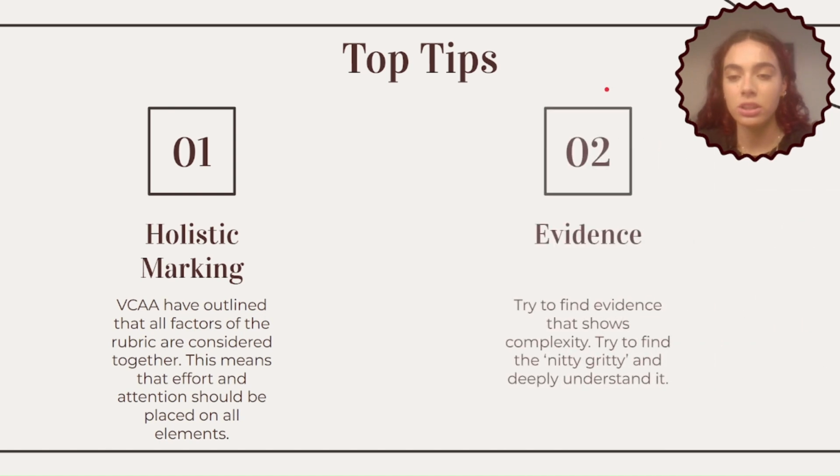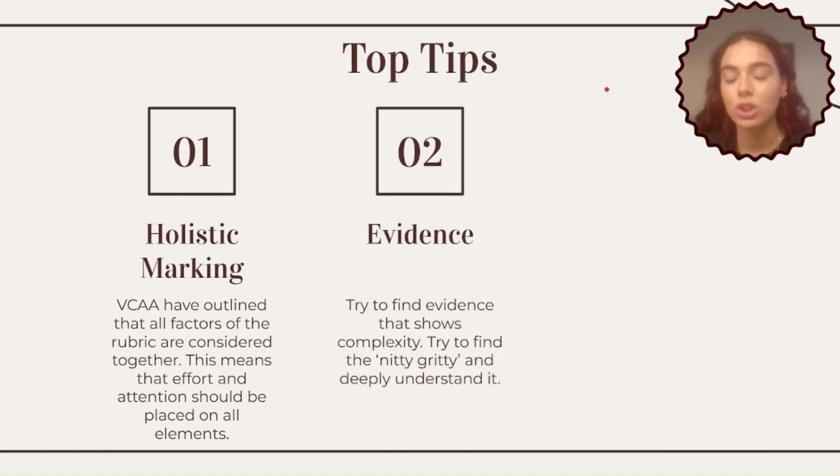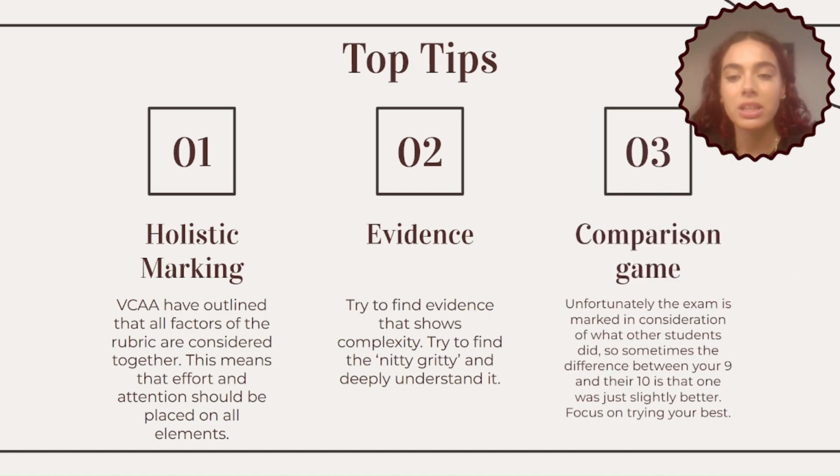Moving on to the next tip, your evidence. Try to find evidence that shows complexity. Try to find the nitty gritty and understand it really well, okay? Okay, comparison game. Unfortunately, VCE is a comparison game, and so is the exam. So sometimes you think, why did that person get a 10 and I got a 9?